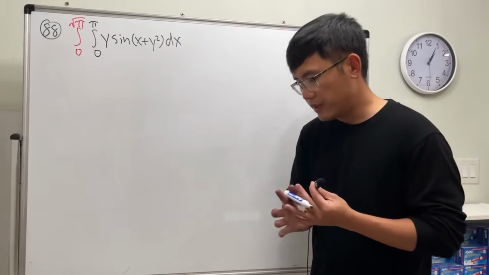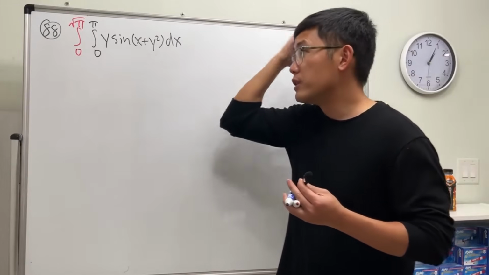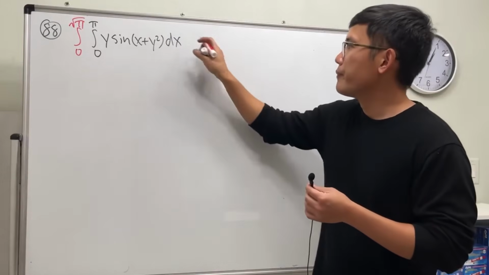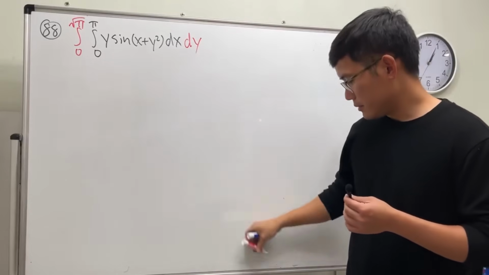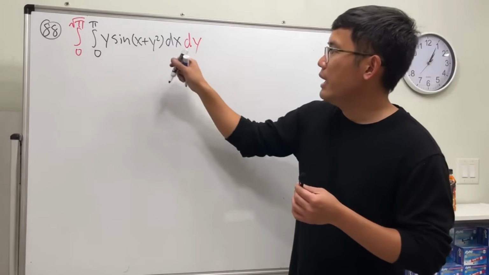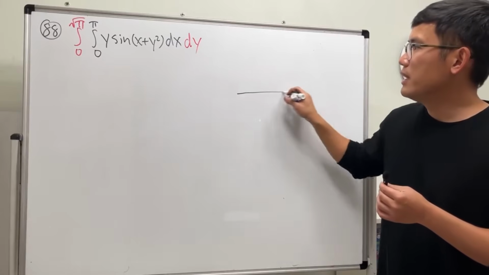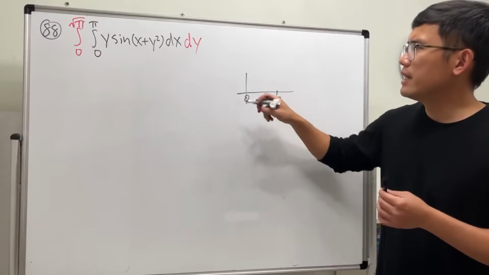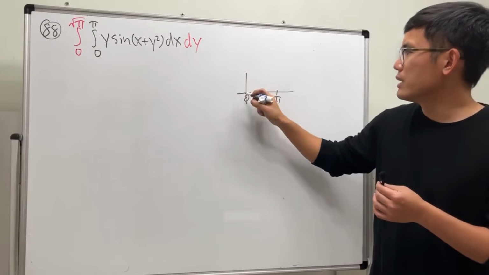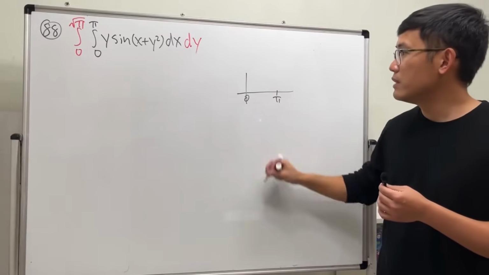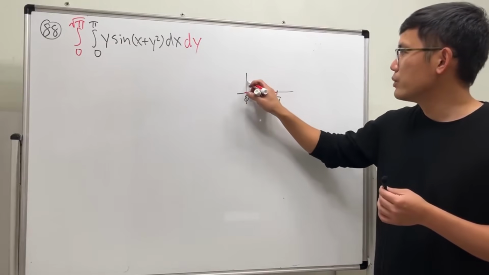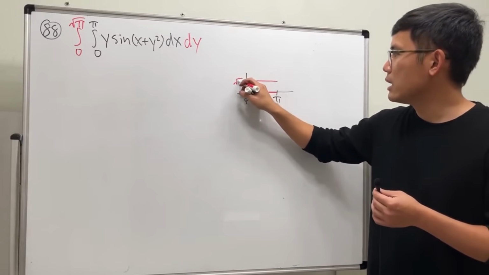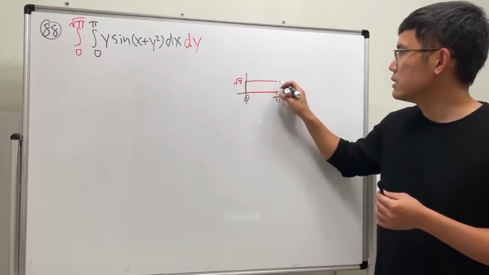Okay, for this one, I just want to show you guys what I mean by you can change the order of dx dy if the region is a rectangle. Notice we have dx dy, yeah? So x is going from 0 to pi. And then square root of pi is smaller, so let's say we have it from 0 to square root of pi. This is x.